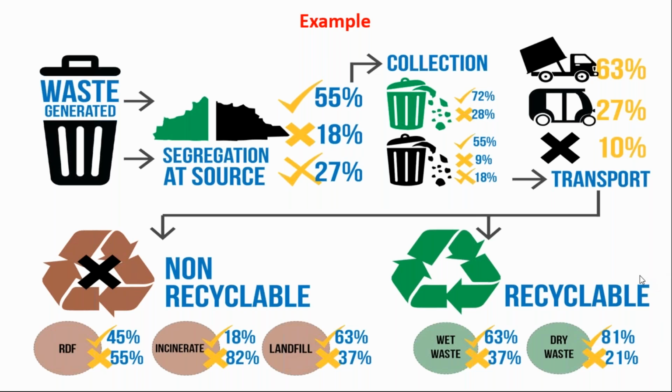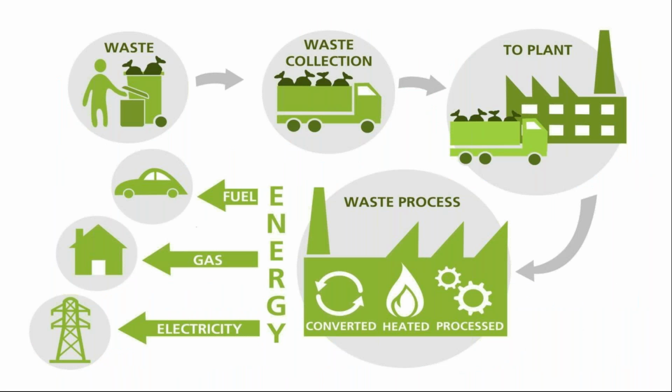So we have to take care of the waste for the segregation, the collection, the transportation, and even the segregation at the end level also. In short, you can observe how this waste is going to change into fuel, gas, or electricity.